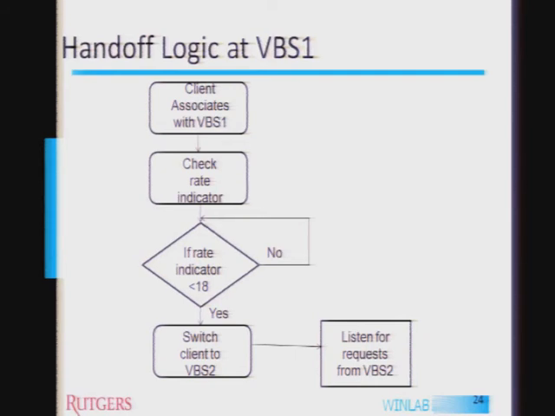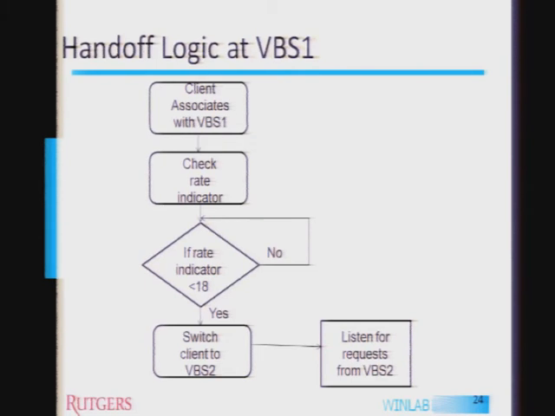I have the WiMAX client, so it's essentially the same experiment again. I walk around, and when the rate indicator drops below that particular level, I see it switch to the virtual base station. You get rate indications every second.